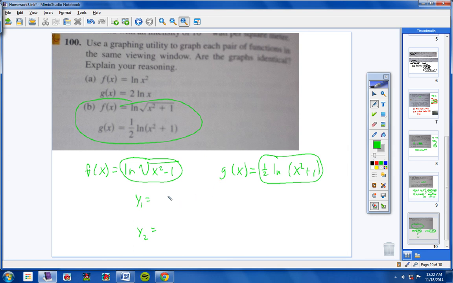And let me real quick type this in here to give you an idea of what it'll look like. X squared plus 1 graph. It should look something like this.